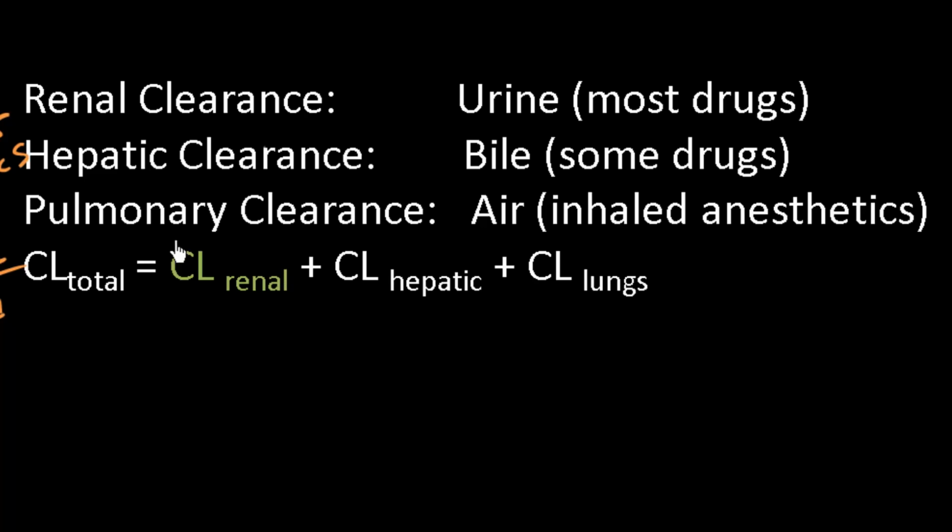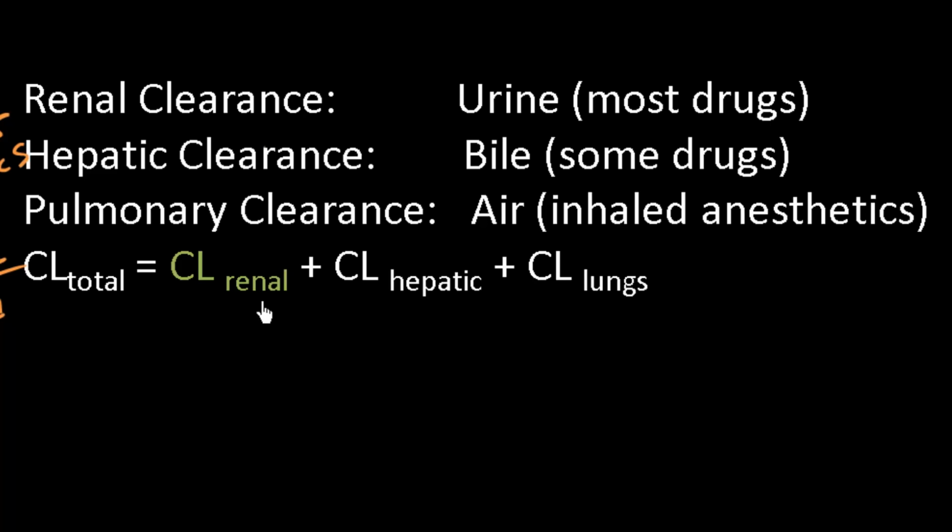So if a patient has a decrease in their renal clearance, let's say they have chronic kidney disease or they just get older, we can do a couple things. We can choose a drug that might be hepatically cleared, or we can decrease the dosage or increase the spacing between dosages so that we don't have a buildup of drug from a lack of elimination or excretion.